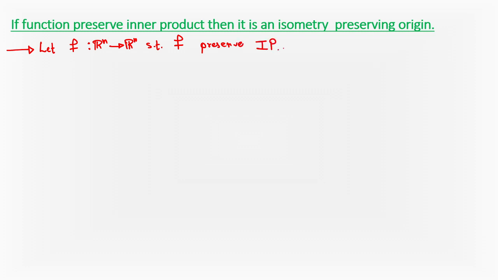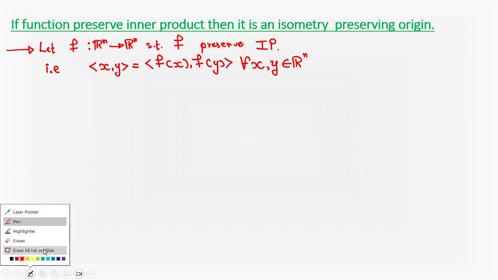So if I say f preserves inner product, that means the inner product of x, y would be the same as the inner product of f of x with f of y. Based on this property, I need to prove that it is an isometry. That means it preserves the distance, and with that it should preserve the origin as well. Let's do this part by part.